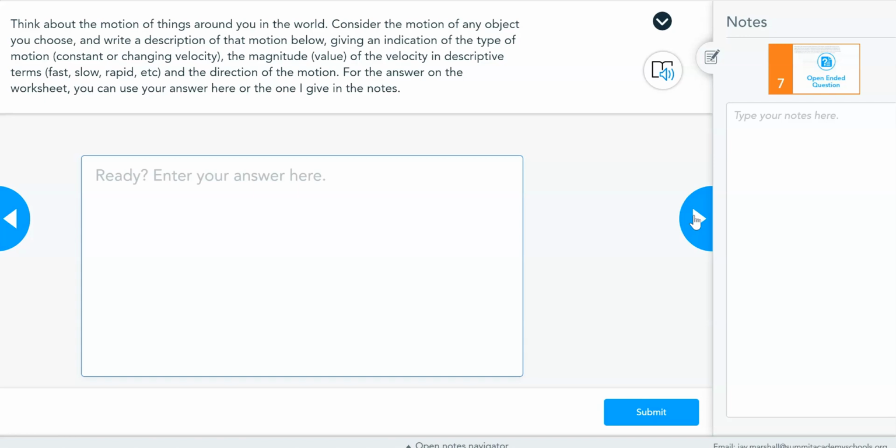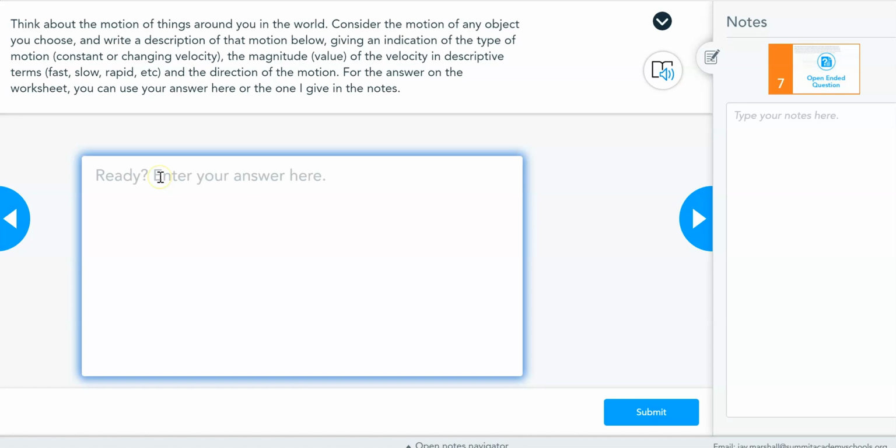Actually, I didn't give one in the notes, so I'll write one right here.